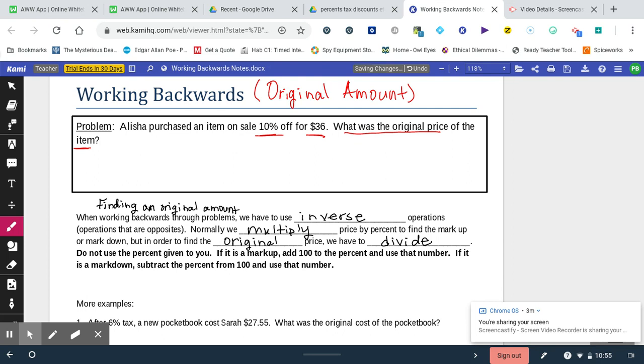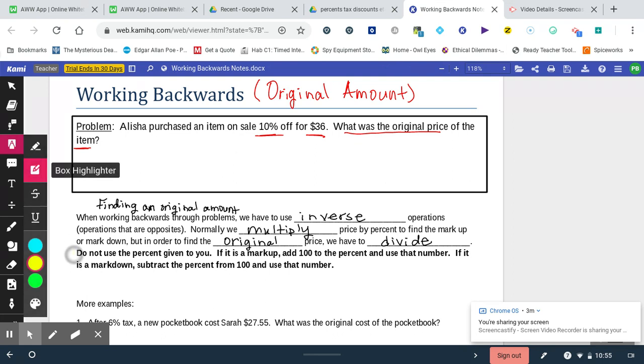Okay. Guys, this next part is really important and I put it in bold. So you notice on the last two videos, when you're looking for a total price, I either had you add 100 or subtract a number from 100. So this should be fairly simple because we're going to be doing the same thing.